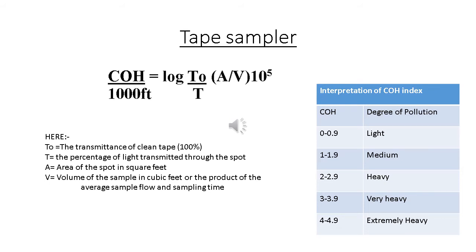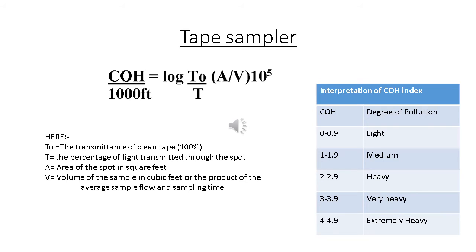T means the percentage of light transmitted through the spot, that is, after the test, the percentage of light. A is the area of the spot in square feet. V is the volume of the sample in cubic feet, or the product of the average sample flow and sampling time. This is the equation to find the COH value.